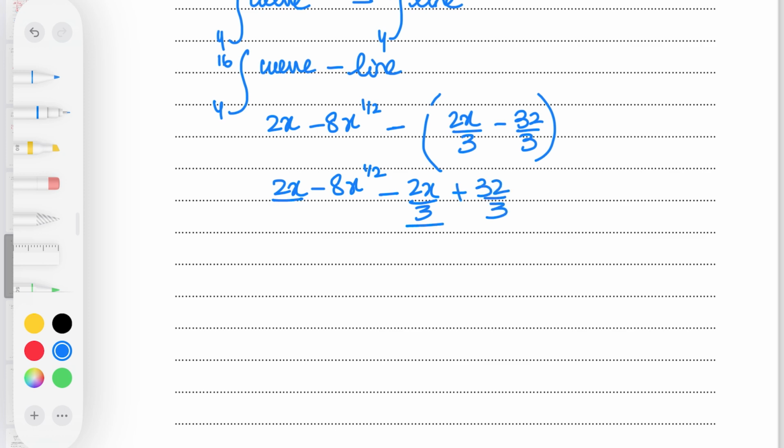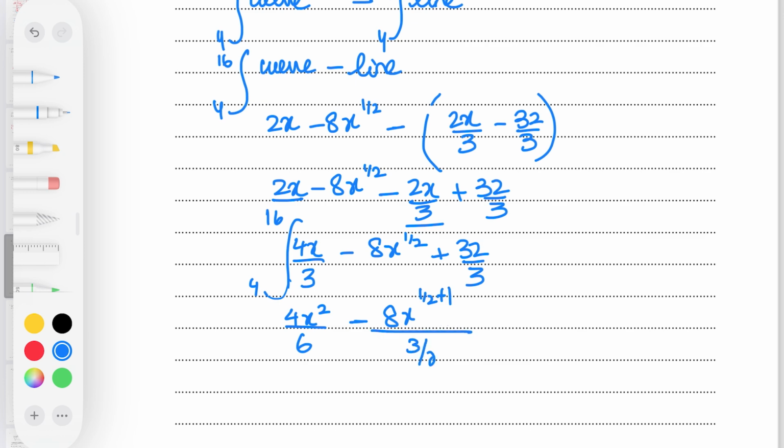Taking the LCM for these two, 64x upon 3. Now integrate it. Let's put the limits now.